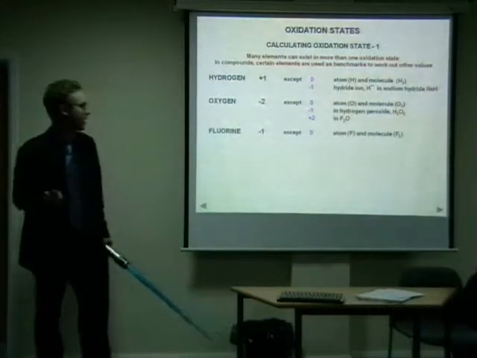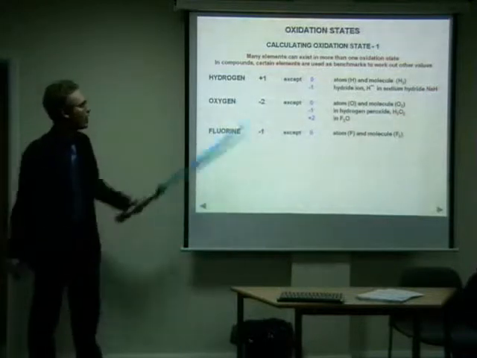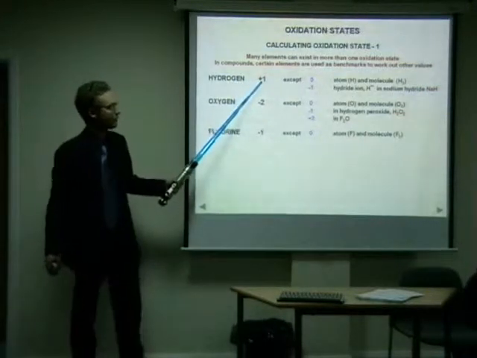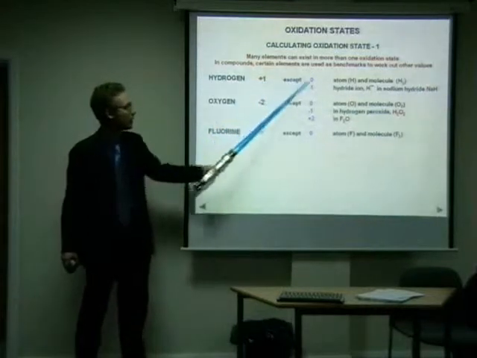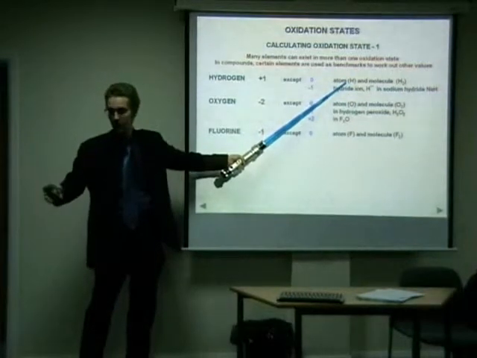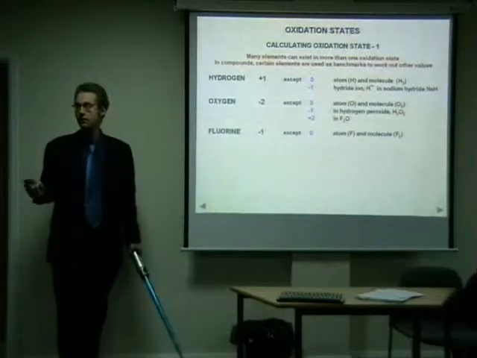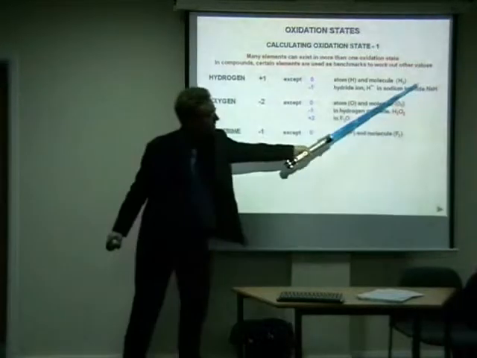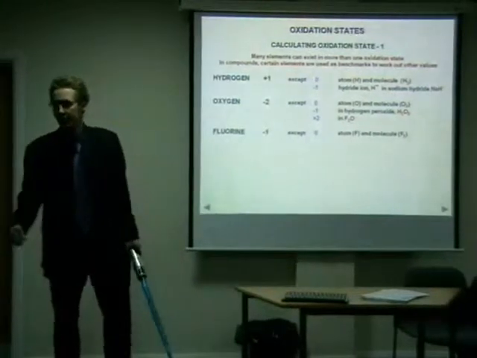There are some elements that have got standard oxidation states that you're expected to remember. So, hydrogen is typically +1. Except when it's in H2, where it's 0, any element in its standard state is 0. And I have seen this examined, when it's combined with a metal, then it becomes the hydride ion.